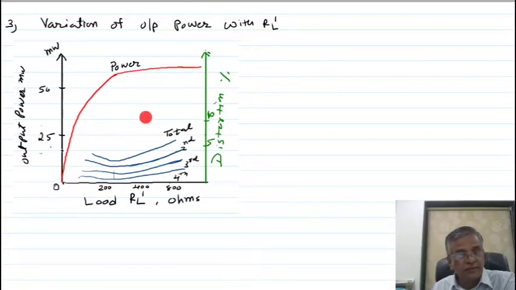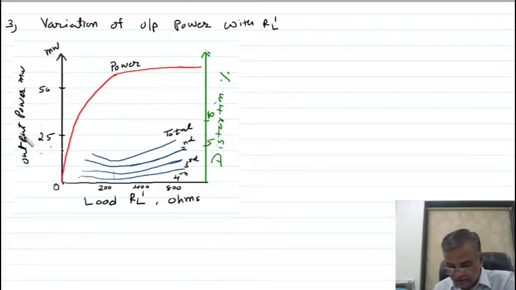But this graph indicates that the load which gives the maximum output power is different than the load which gives the minimum harmonic distortion. So, to get less harmonic distortion, one has to sacrifice the output power.